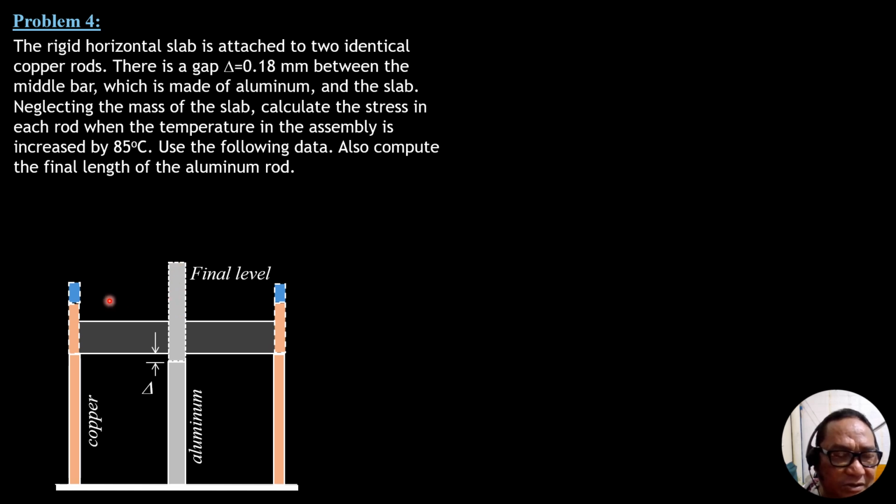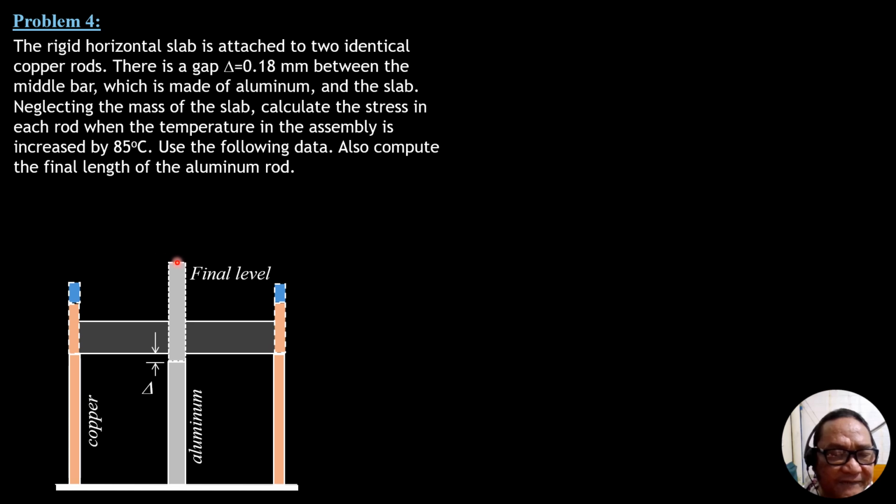So as a result, each of the copper rods will be stretched further, and this is tensile stress. The blue one is the deformation due to tensile stress in each of the copper rods. And because of that resistance, the aluminum bar will be subjected to compression, so it will go back to its final level, which is here, and it is subjected to compressive stress.